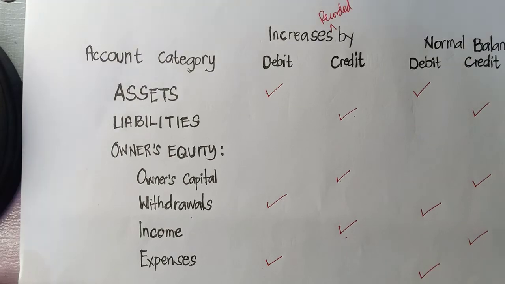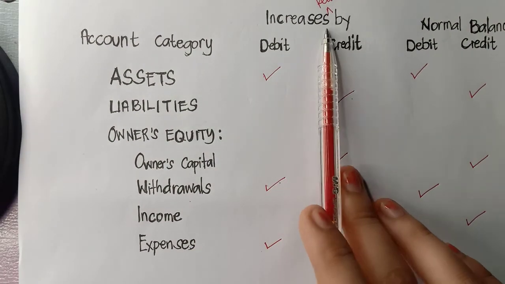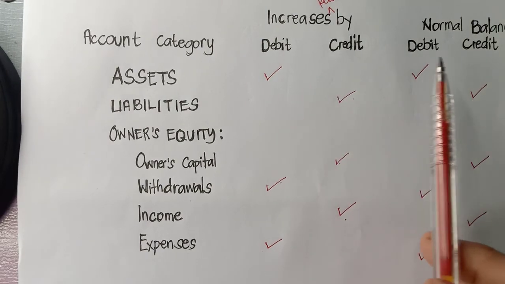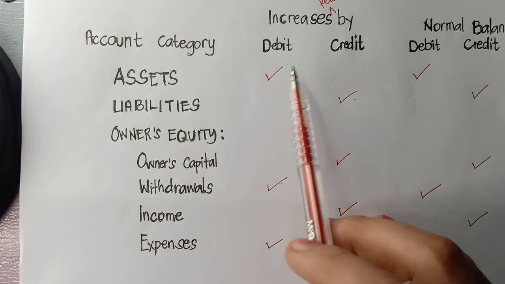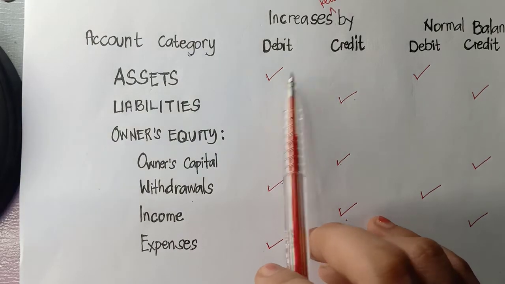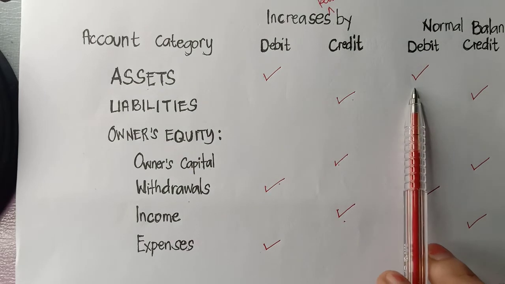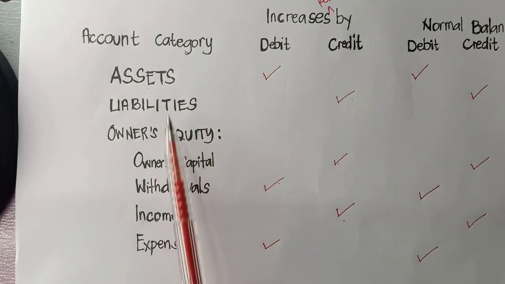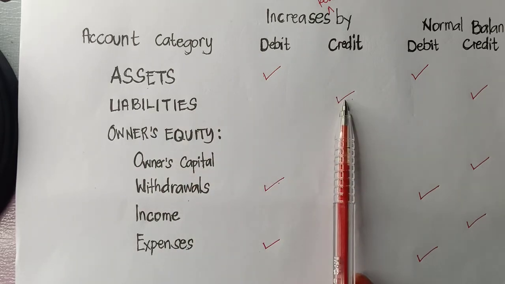Here in the example, we have the account category, increases recorded by, and normal balance. In the assets, increases are recorded by debit. That is why the normal balance is also debit. Liabilities, increases recorded by credit.